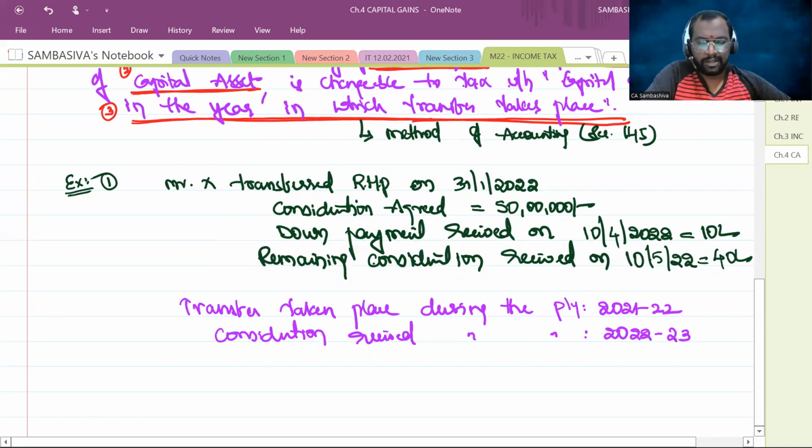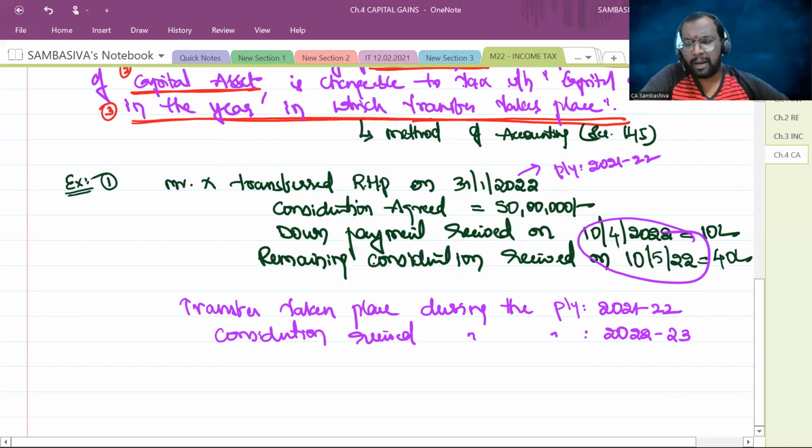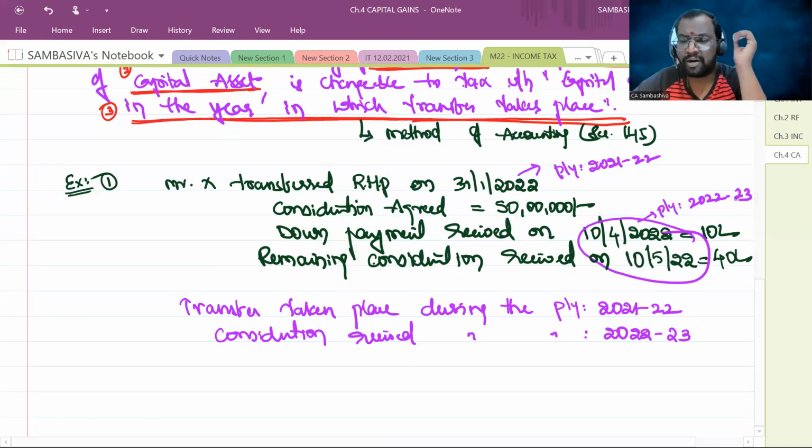Yes or no? Transferred on 31st of January 2022, and in which previous year is it falling? In the previous year 21-22. And you have received the consideration on 10th April 2022 and 10th May 2022, during the previous year 2022-23. So transfer taken place in the year 21-22, consideration received in the year 22-23.